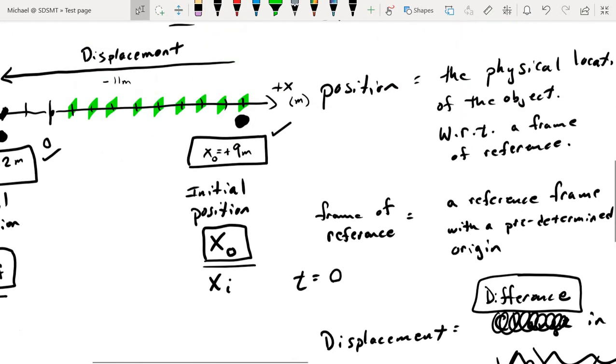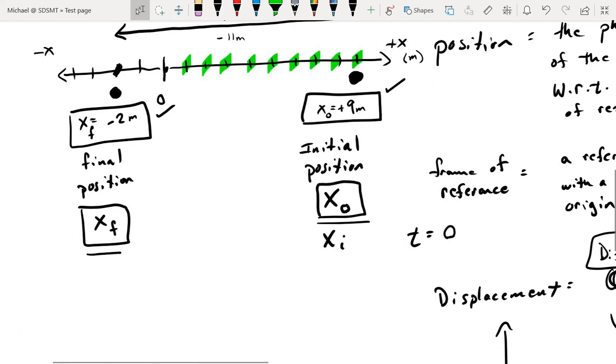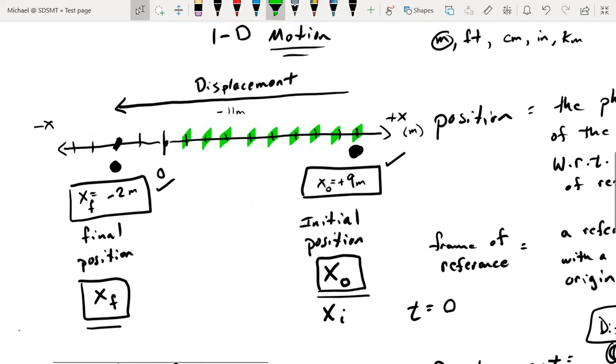So back to our drawing here. Can we in fact duplicate the displacement by taking the difference of these values? And as we've already seen, negative 2 minus 9 does in fact equal negative 11. That's what we wanted up here for our displacement.